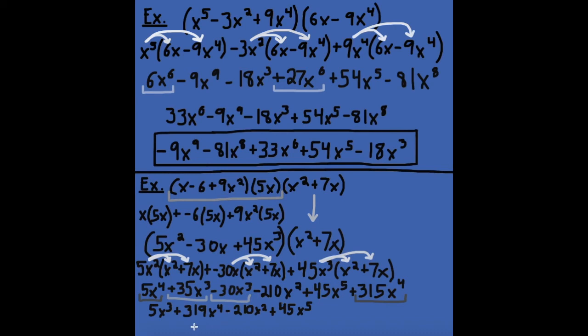Therefore, our final answer, by convention, is 45x to the fifth plus 319x to the fourth plus 5x cubed minus 210x squared. This is the same answer, but we just rearranged the order.